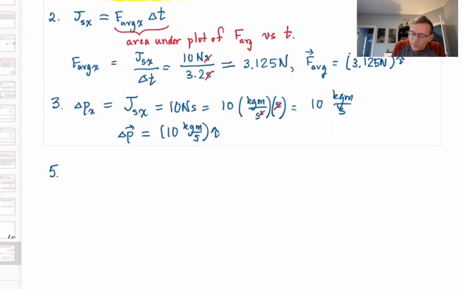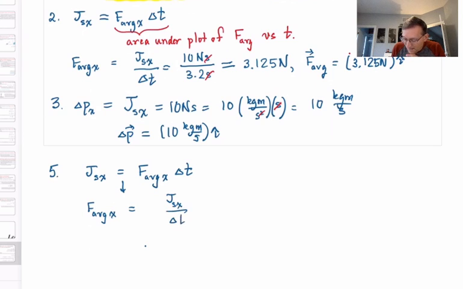So I'm going to take the impulse-momentum theorem, average force version. That will be good enough. And I'm going to rearrange it for the average force on the box, the average X force. That's the X impulse over delta T.